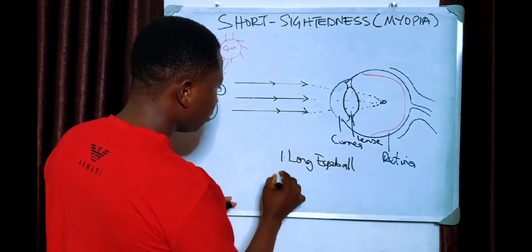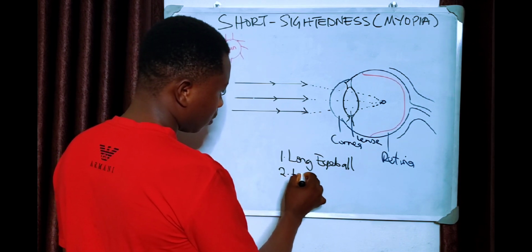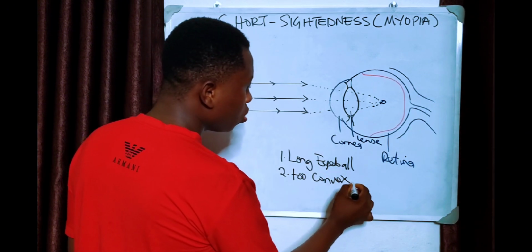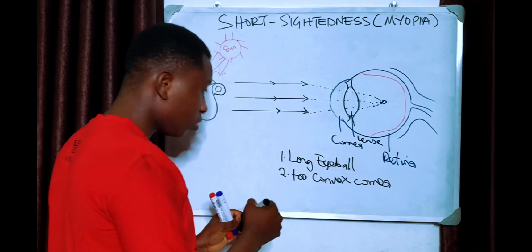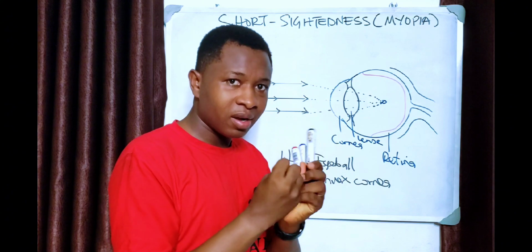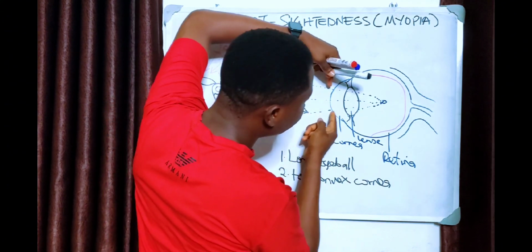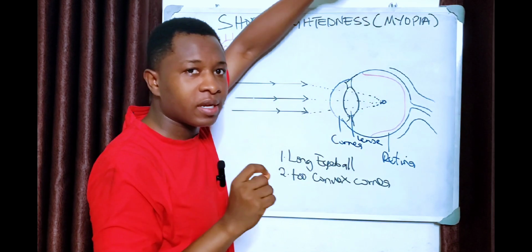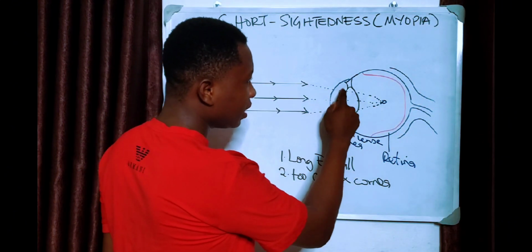The second thing that can happen is when your cornea is too convex. When your cornea, this is the cornea, bulges out and is too thick, it converges the light too quickly, before the light ray even passes through the cornea.